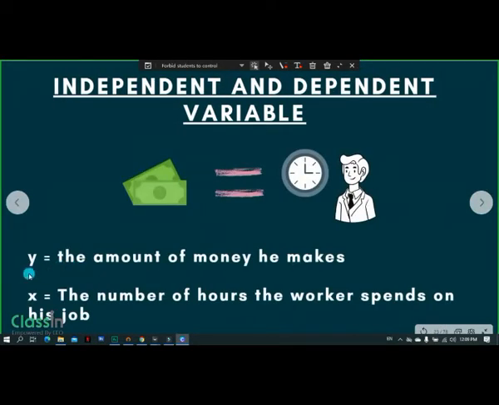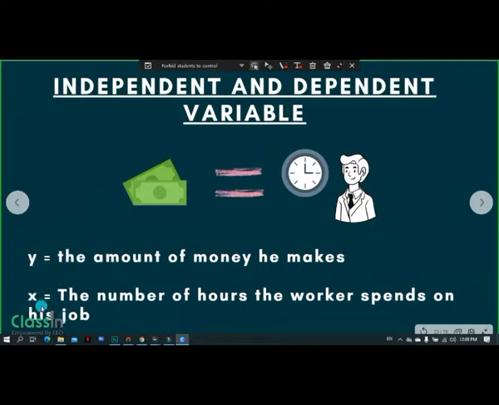So, our dependent variable, yung y po natin, yung nakadepende, ay yung amount ng salary na kikitain mo. The amount of money that you will earn, yun po ang iyong y. And then, ang x mo po, yung iyong independent variable, ay the number of hours na i-spend mo sa iyong trabaho. Mas matagal ka magtatrabaho, mas malaki yung kikitain mo.